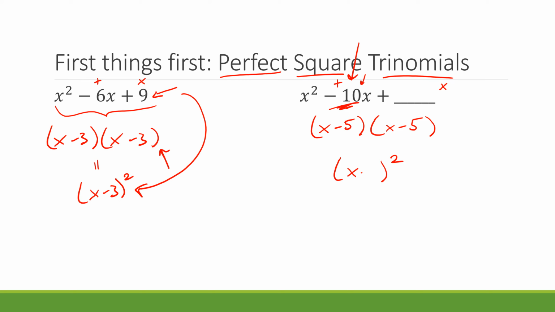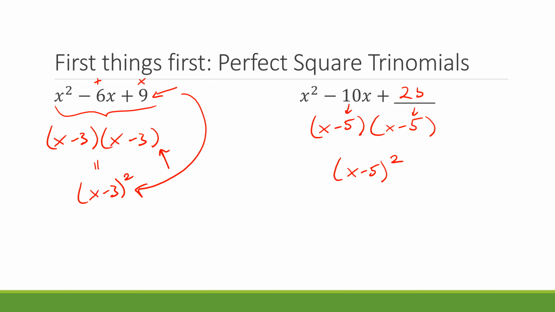So I could write this as a perfect square trinomial. Now, in order for that to happen, what does the trinomial need to look like? Is this going to be acceptable? Well, no, because -5 times -5 is not -2. So what do I need to put over here to make it work? What's -5 times -5?